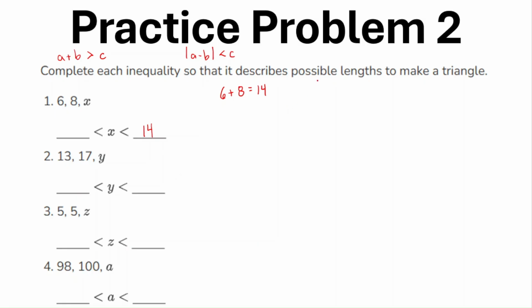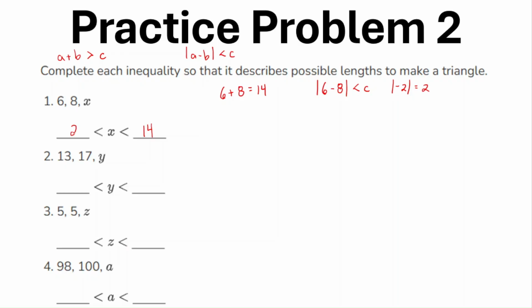But now if we say the absolute value of 6 minus 8 must be less than c, then 6 minus 8 is negative 2, and the absolute value of negative 2 is 2.